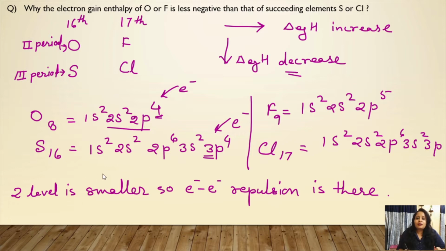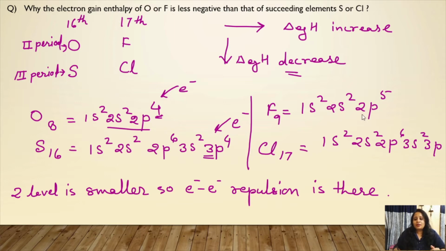That's why the upcoming electron will enter in case of sulfur more easily, because in the third level the space is much bigger to enter an electron. That's why sulfur has the highly negative electron gain enthalpy in comparison to the oxygen.